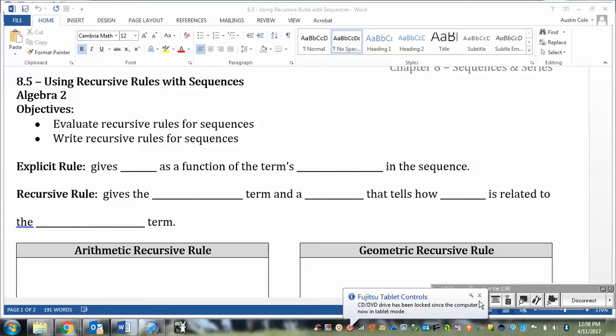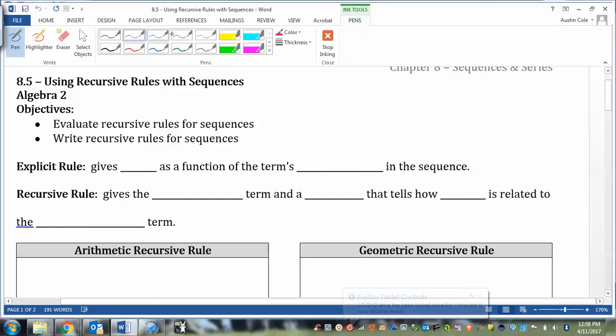So the explicit rules we've been working with give a sub n as a function of the term's position in the sequence. Remember we call that n, right? Okay? So that's what we've been doing.